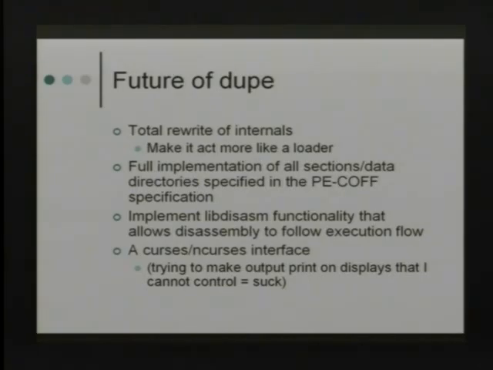The libdisassembly functionality that allows dynamic analysis is to me the biggest selling point. I've never seen anything that's really doing that without actually executing it, so being able to do that gives us a lot of different functionality. And then I'd like to give it a better interface, just because I don't like the 80 by 60 displays, and trying to format it and figure out what you have without something like that is a little bit problematic.